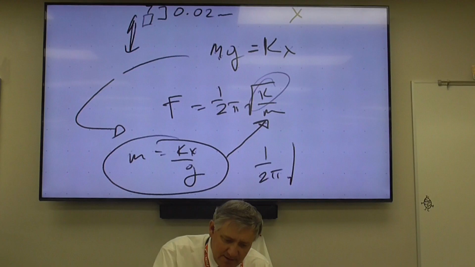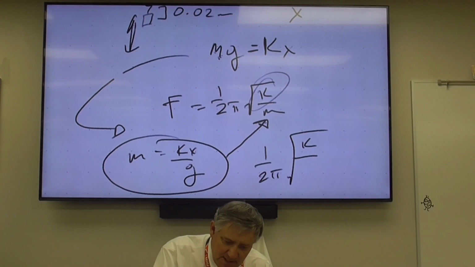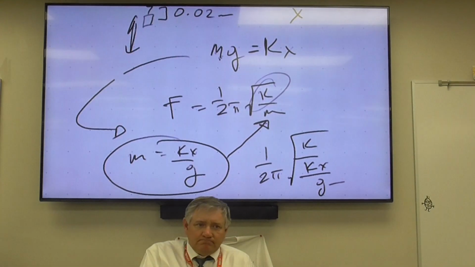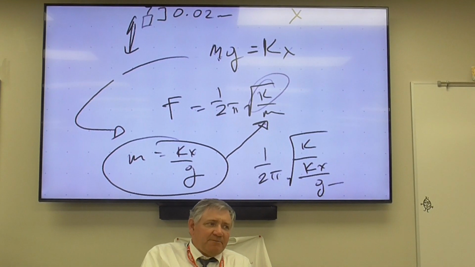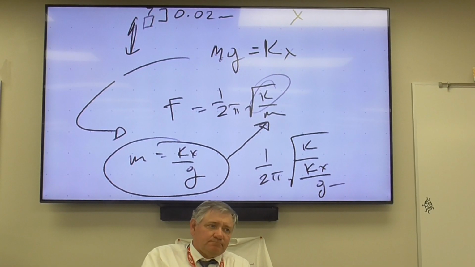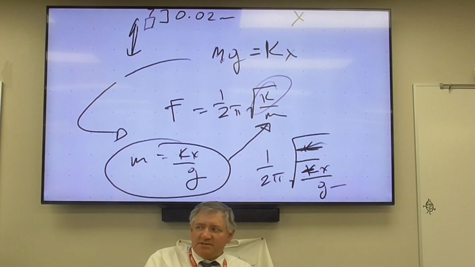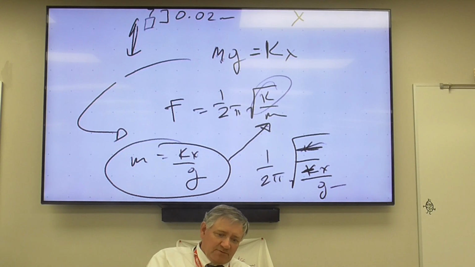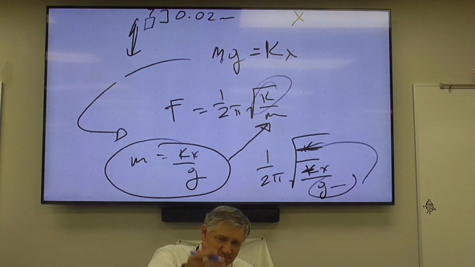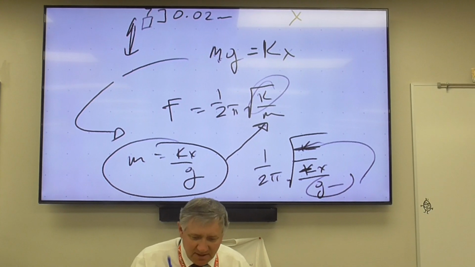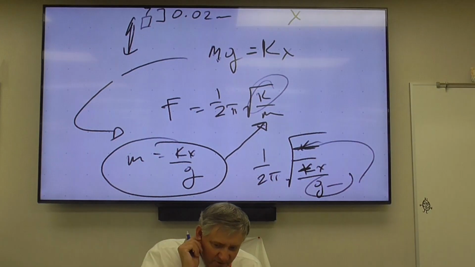So it's 1 over 2 pi times the square root of k over kx over g. What's going to happen to your k value? It cancels out. You know what your elongation is. You know what your g is, hopefully. The g flips up. There you go. So that's the answer on 48.